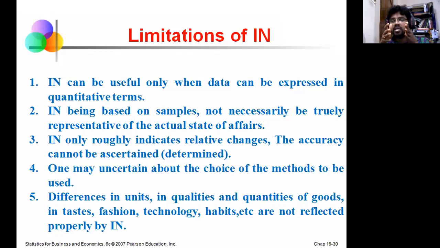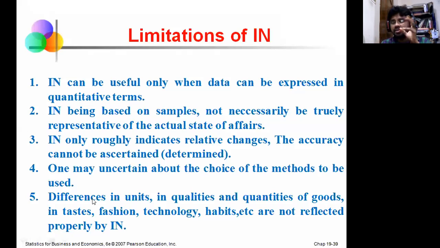And also I told you that the Fisher index is an ideal index number because it satisfies the factor reversal test and time reversal test. So that is the case when we are estimating the index number. We need to be clear which method is the good one.